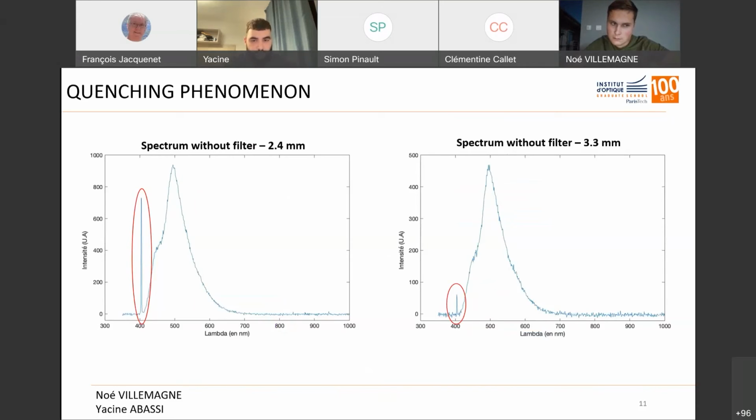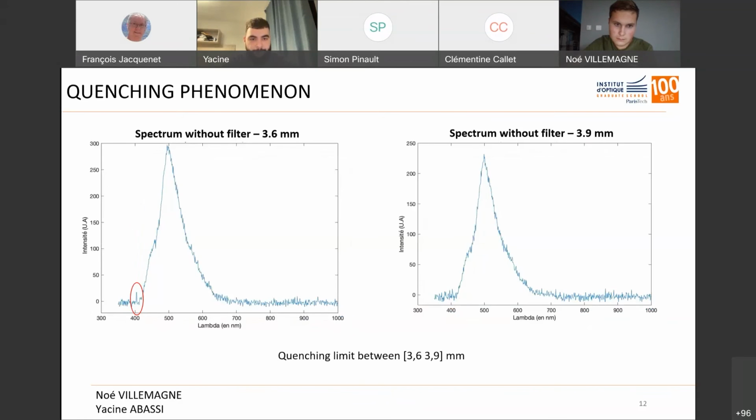We can see that for a thickness of 2.4 millimeters, the incident ray still has a great impact. Its impact decreases with the increase of the thickness until it disappears. Next slide, please. We can see the quenching limit is between 3.6 and 3.9 millimeters. Next slide.